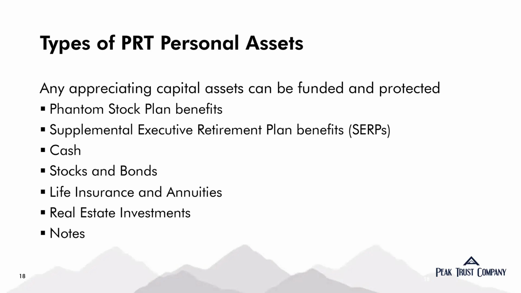Life insurance and annuities: I'm a big fan of a well-constructed life insurance policy inside the PRT that is used for retirement supplement purposes. It's not a death benefit play. It's for high cash accumulation with tax-free growth and then tax-free distributions. I think it's a great asset class.